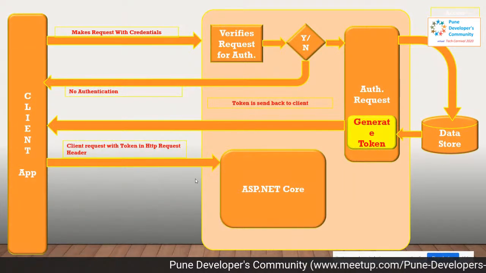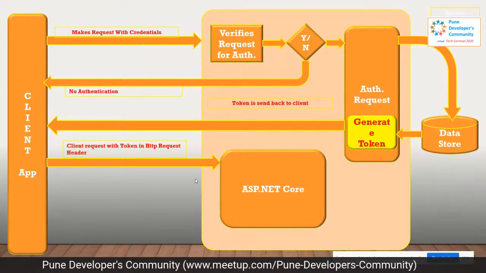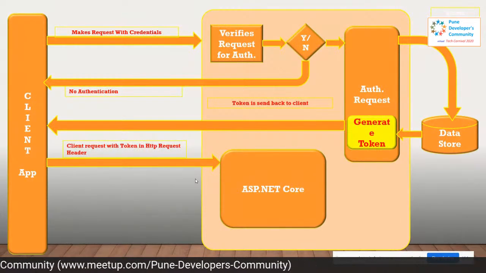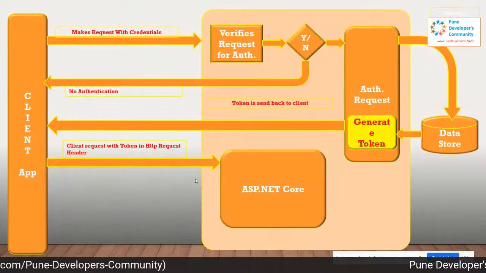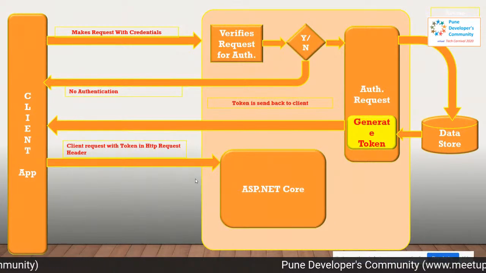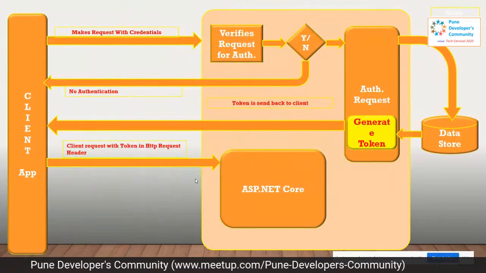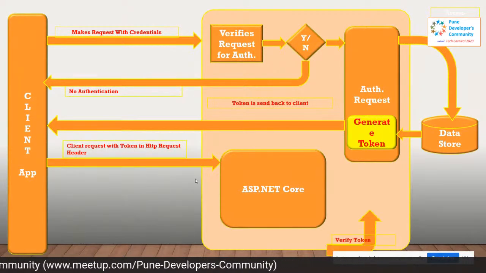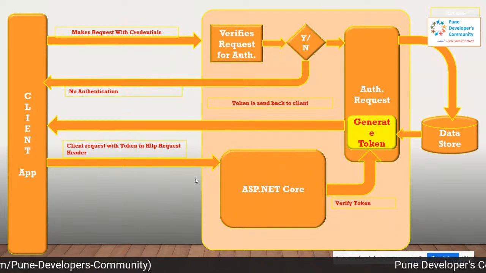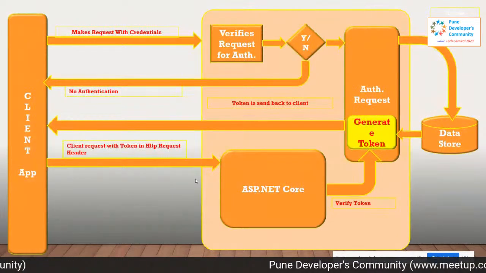The next thing here is that the server application will now start verifying the token. Again, it is going to use the same secret and same algorithm to check the integrity of the token by going for token verification.